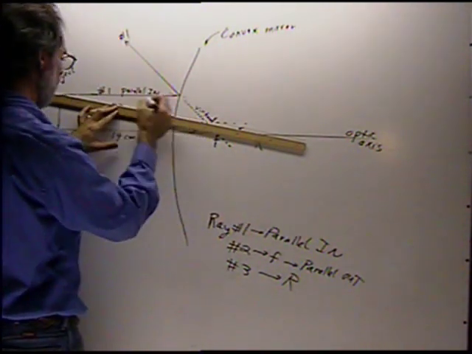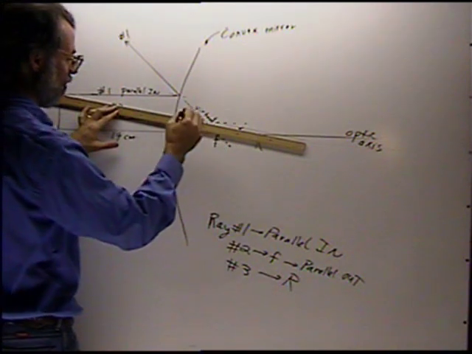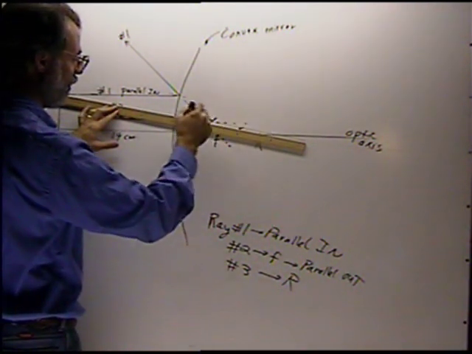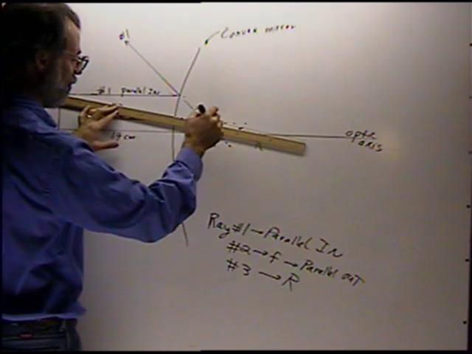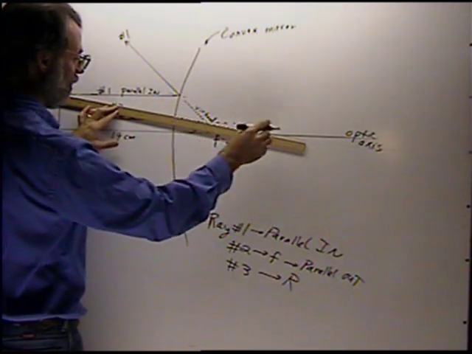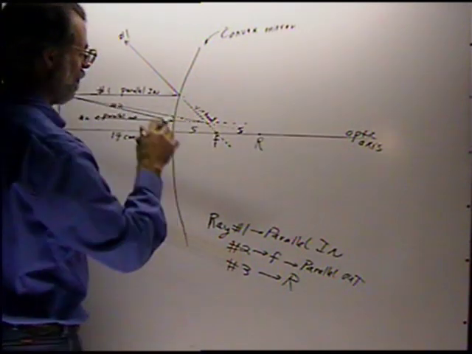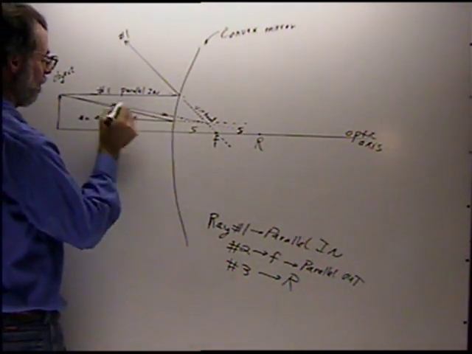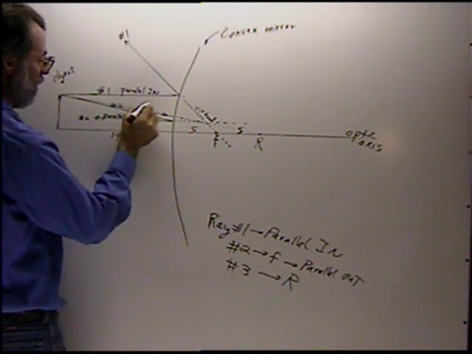Okay, and what happens? It actually bounces back, so it is drawn as if it's going to go through the radius, this point here. So this is a virtual ray. It's drawn as if it will go through the radius, but it bounces back on itself. So this is ray number 3.